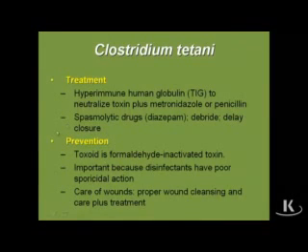Now, this is one of the agents that we do have a vaccine for, okay? And remember I told you when there was an organism that we could cover through vaccination, you had to know the vaccine and what type it was.